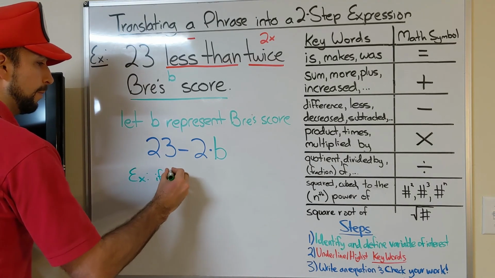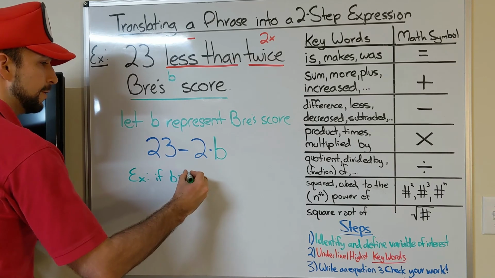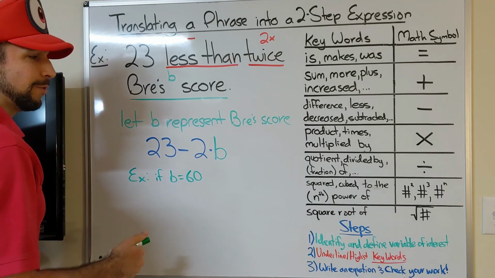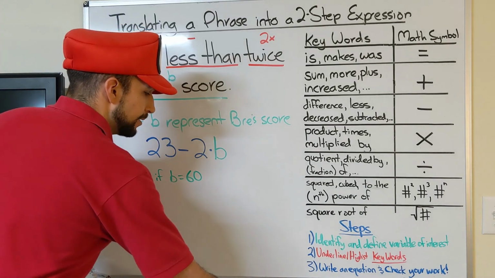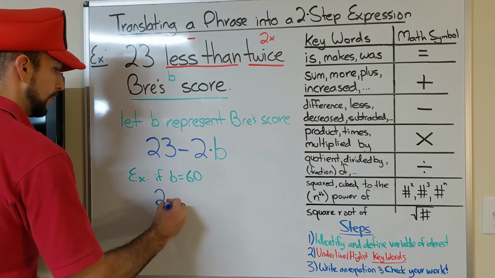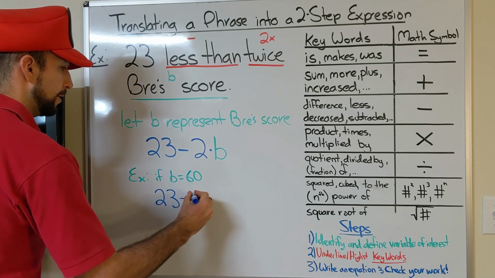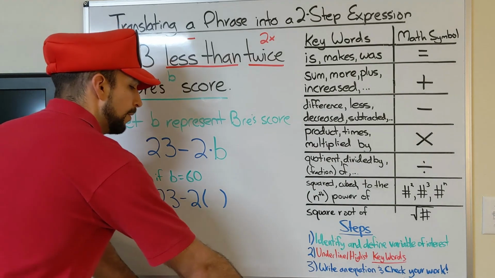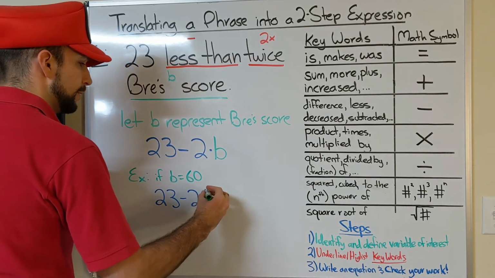if Bree's score was 60, then what would this expression give us? So let's work this out. 23 minus 2 times, we said Bree's score was 60.